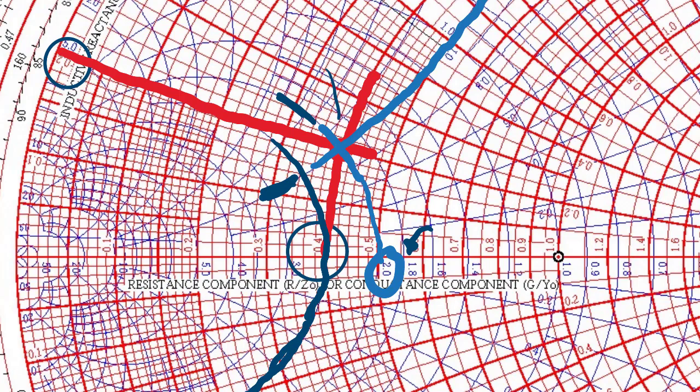So here's 0.4, where the 0.4 impedance intersects with a conductance. That's the resistance and the corresponding conductance. That's going to be our 2.5 value.